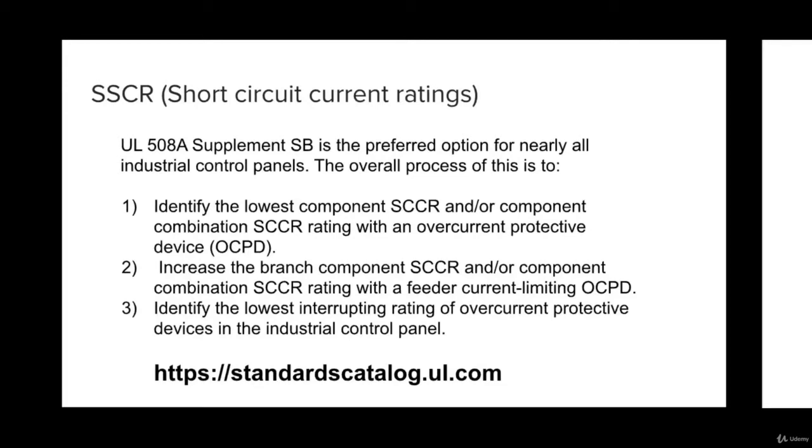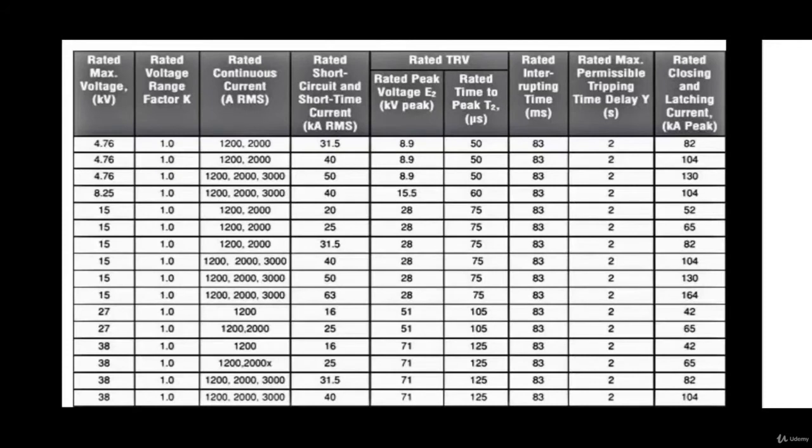Then the third rule is to identify the lowest interruption rating of an overcurrent protection device in an industrial control panel. So according to your SSCR value, you have to find the protection devices to protect or limit your components from any errors or hazards. This is important while designing your industrial control panel. If you want to know about other standards, you can go to the website standardscatalog.ul.com. You will get a lot of standards, but we have to focus on UL508A.